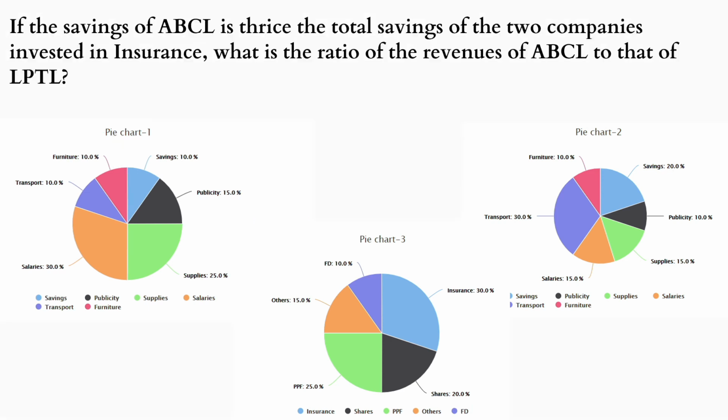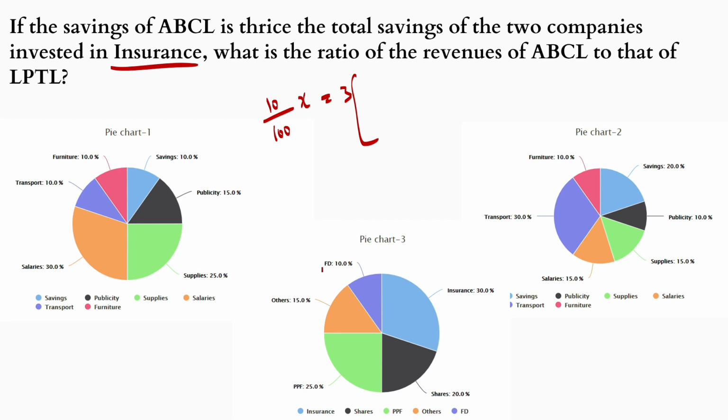So if the savings of ABCL is thrice the total savings of the two companies invested in insurance, what is the ratio of the revenues of ABCL to that of LPTL? Here we know the savings of ABCL is 10 by 100 of x, right? This is equal to thrice the total savings of the two companies invested in insurance.